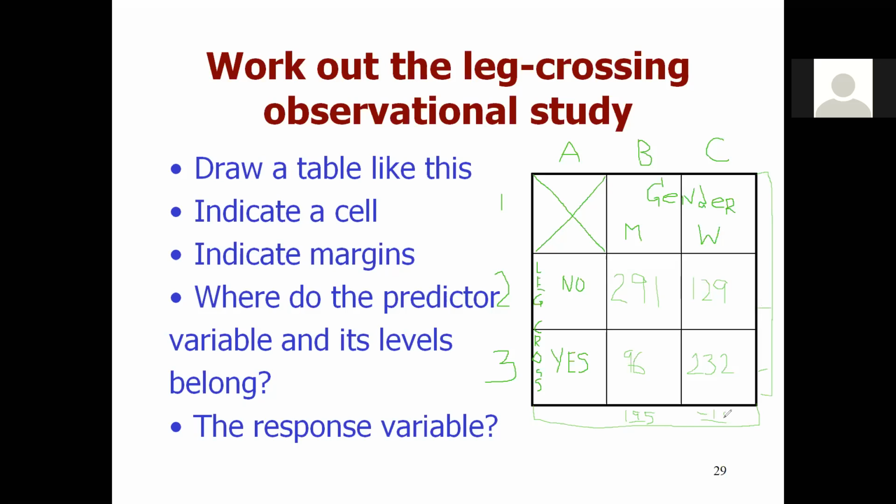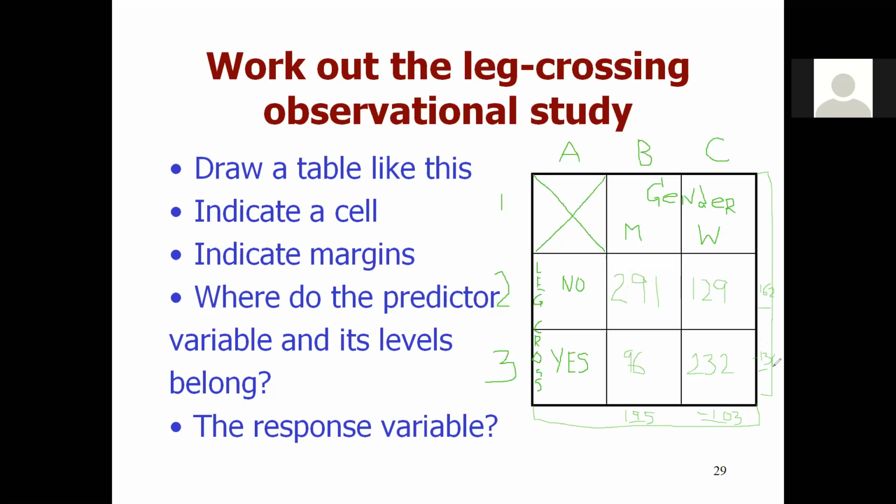Okay. Thank you, Seaver. All right. Who can do this difference? 291 minus 129. 162. Thank you, Rita. And the last one, again, will be with a minus, but again, we don't really care that much about it. 136. Awesome.